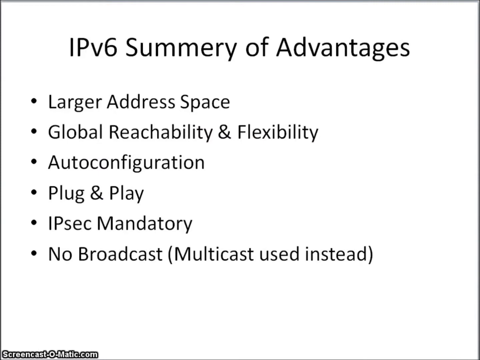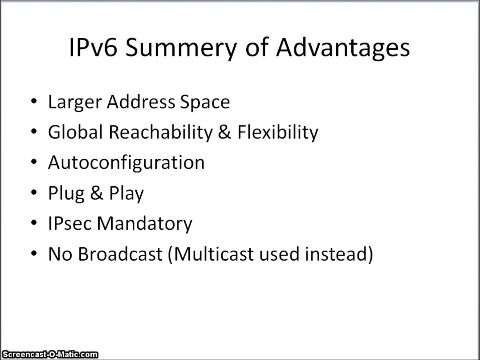Here's the summary of advantages of IPv6 addresses. First, it has a large address space since it has 128 bits. It has global reachability and flexibility, meaning it's future-proof, allowing for growth and expansion of new technologies that we don't know about yet.